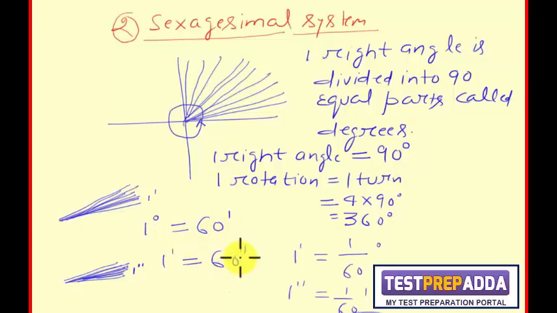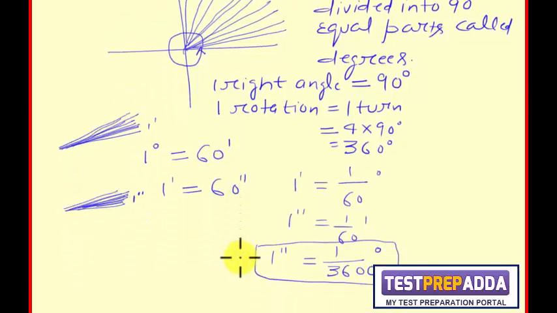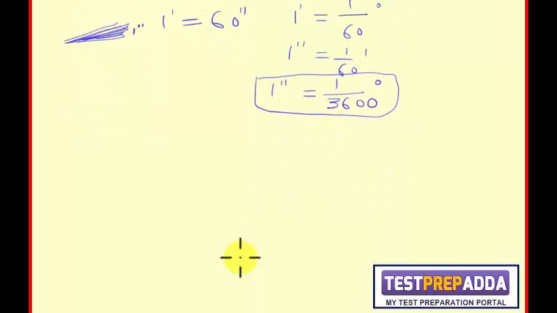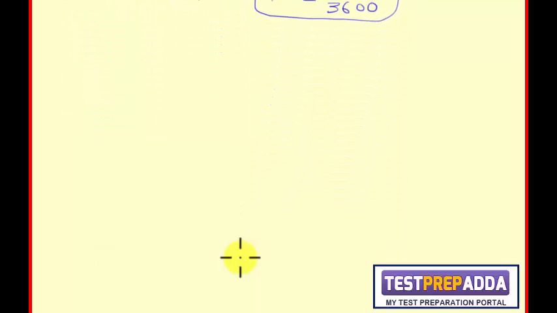This is the second way of measuring the angles, sexagesimal system. Now we will talk about the circular way of measuring angles. Nowadays, we mostly use this angle of measurement.